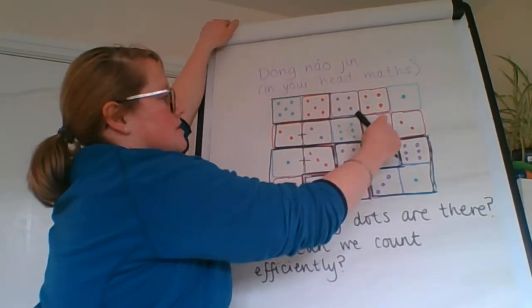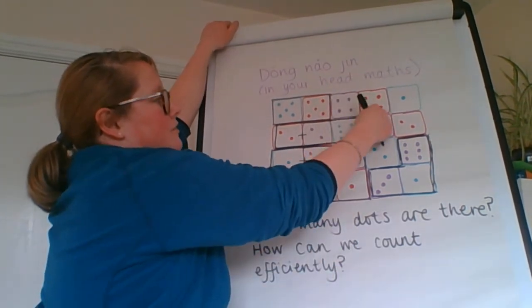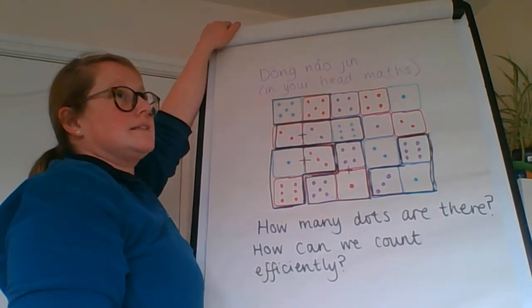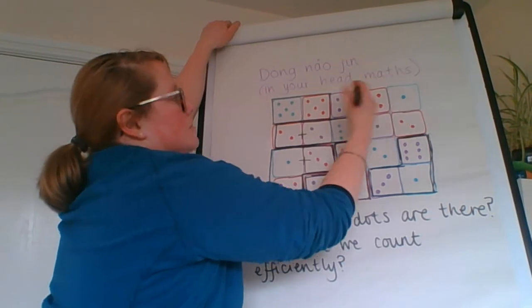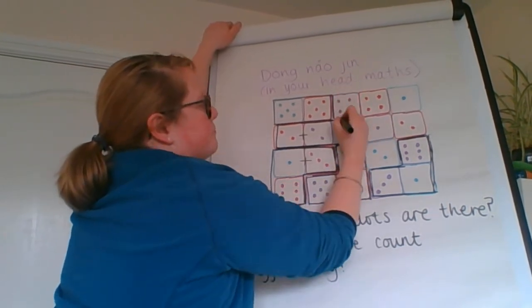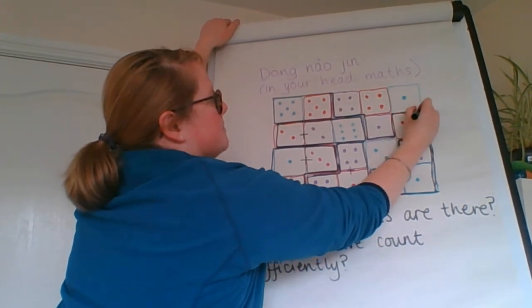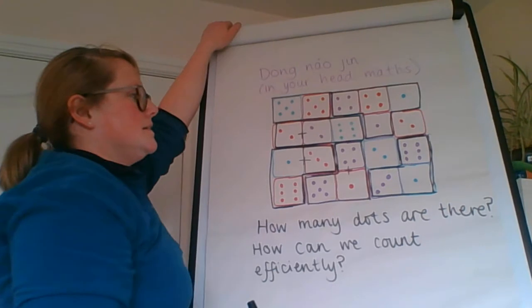Now I'm looking for any more. Okay, so I've got this one, this one, this one, this one, this one, and this one left. So I know I could do 4 add 4 is 8, 8 add 2 is 10, so I need to make 2 more. I could do the 1 and the 1 there, couldn't I? So I could come down, go across, do like a big T shape, and that makes 10.